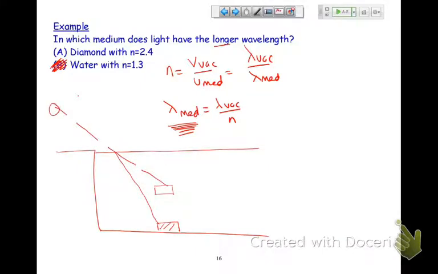Here's you looking, and the light comes from the brick, and it's refracted at the surface, and it is going from a denser medium to a less dense medium, so it is refracted away from the normal rather than continuing in a straight line. It goes away from the normal.